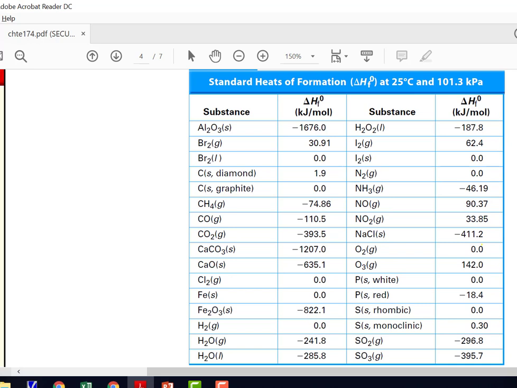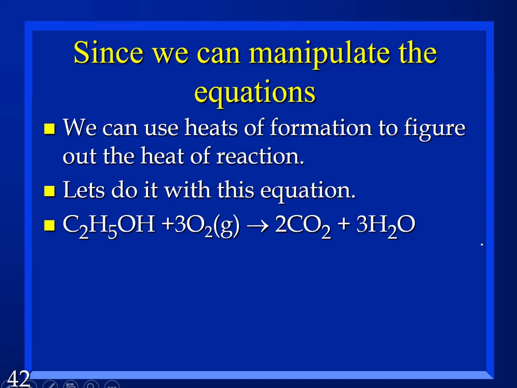Okay. What about on the other side? The other side of my equation, I need 2 CO2s. So I need CO2 over here. What elements go into CO2? C plus O. Does C get a little 2? Nope. Does O get a little 2? Yeah. Okay. And the delta H for that, I looked it up, is negative 393.5 kilojoules. It's on table 17.4.